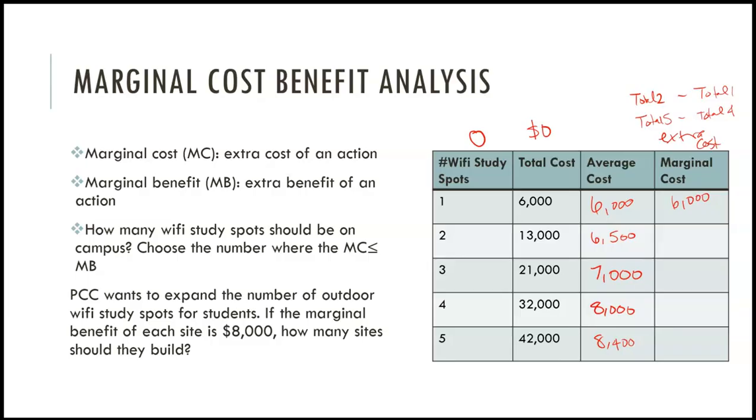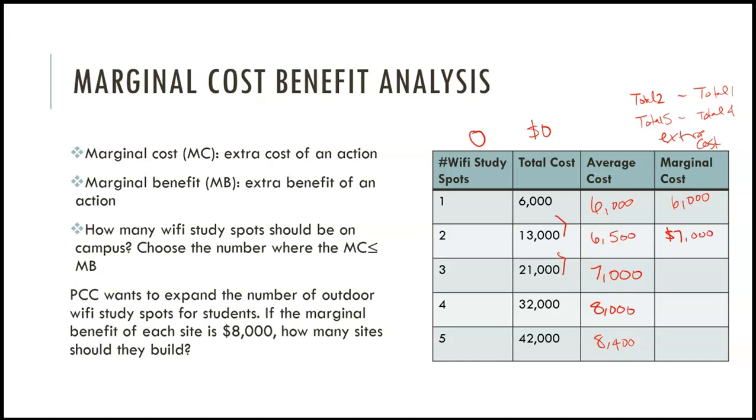So the extra cost if we add one more. So the marginal cost for the second study spot is going to be this. We're going to go from $6,000 to $13,000. So the extra cost is actually $7,000.